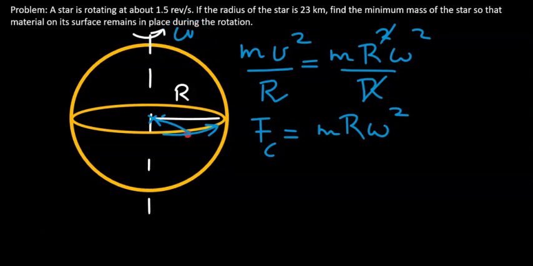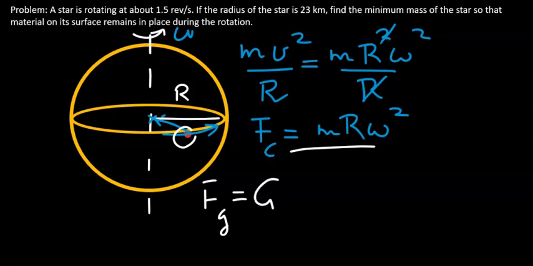We know that centripetal force is a kind of net force, so it must be provided by some other force, and that some other force is gravitational force on that material that is coming from the star. So the gravitational attraction between the star and the tiny material is given by Newton's law of gravitation.